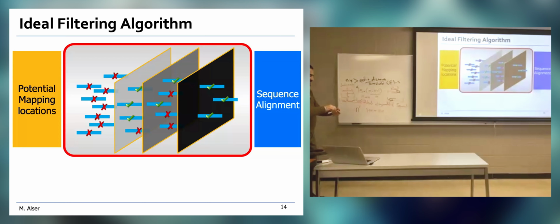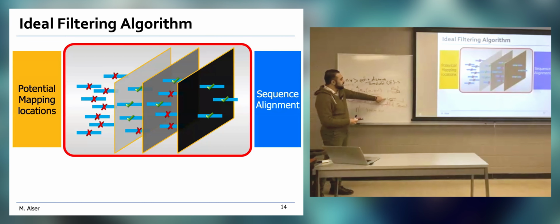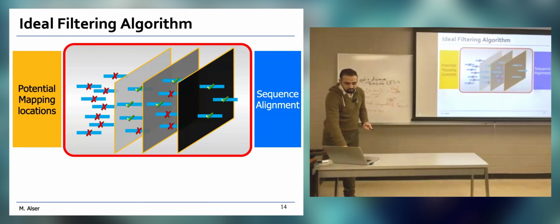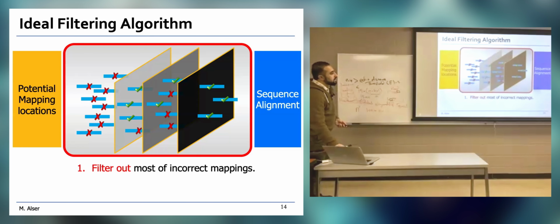So the idea is to apply some filters in the middle between recognizing the location in the reference genome and sequence alignment. Okay. However, if we want to apply this filter between the seeding and the sequence alignment, we should observe three main properties. Those are very important properties that the filter should maintain.